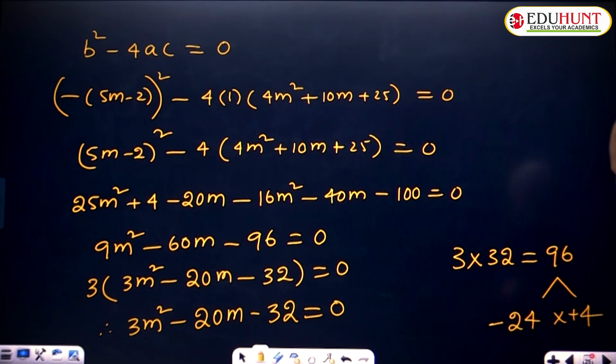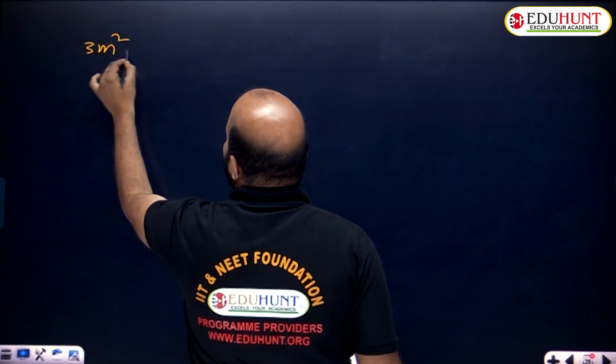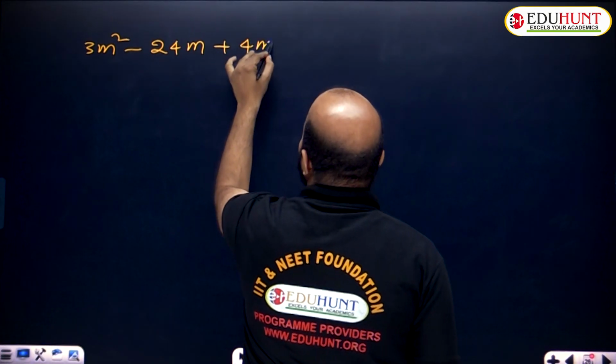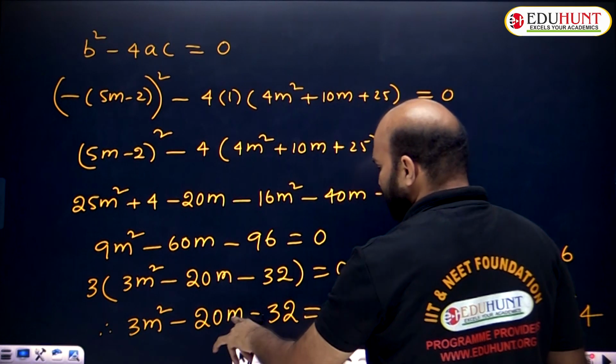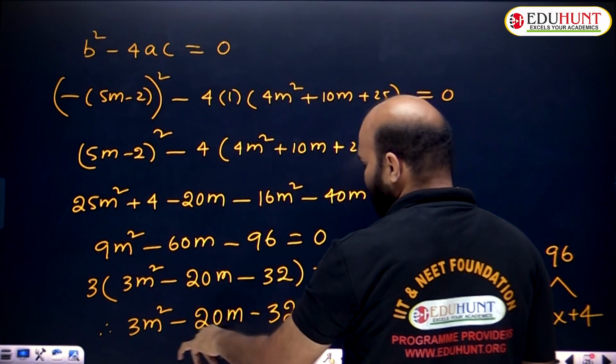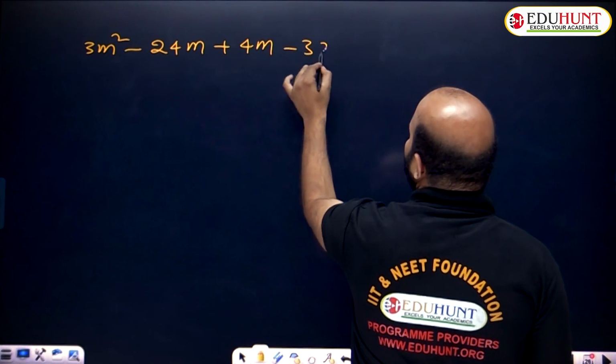Am I clear? So it can be written as 3m square minus 24m plus 4m minus 32 equal to 0.